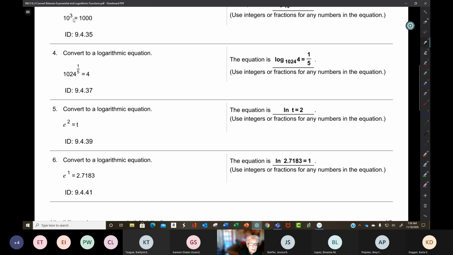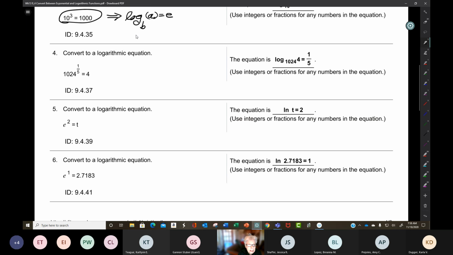Okay, we're going to do some more. The base is 10. Well, first, they want us to take this and change it to log, base, argument, exponent. So the base is what holds up the exponent.